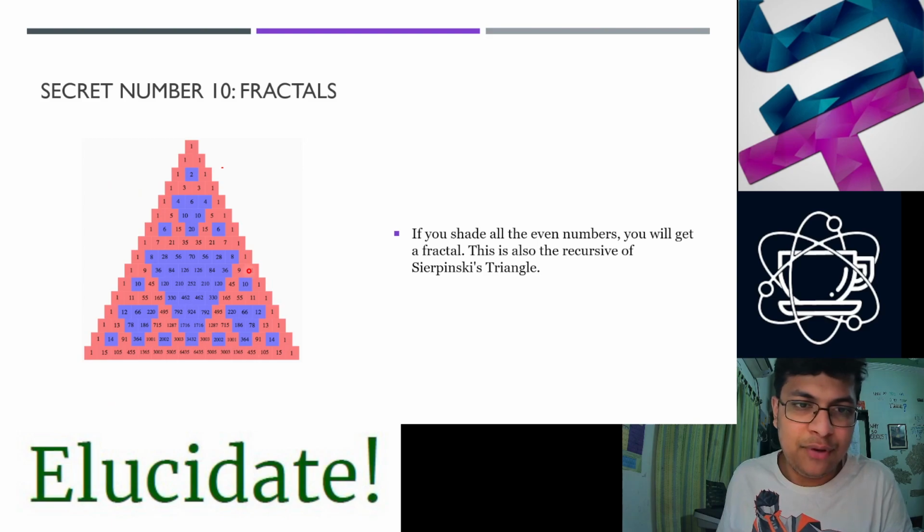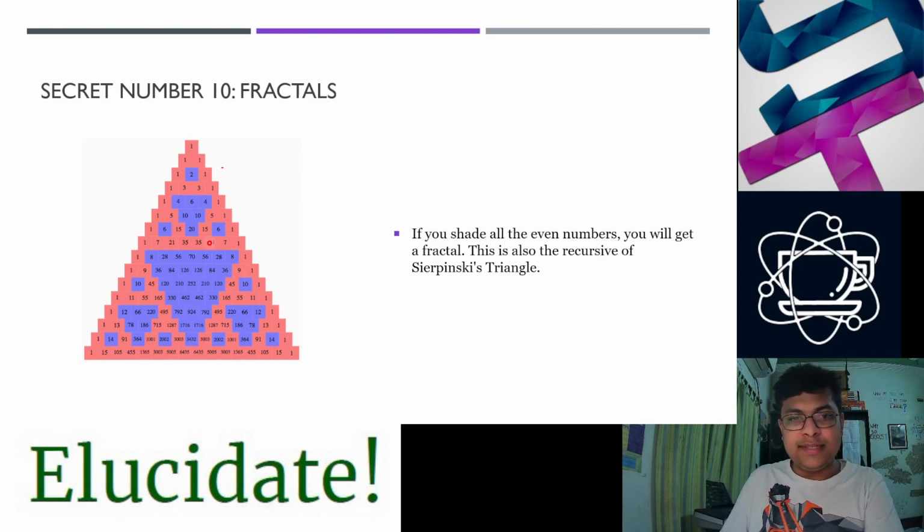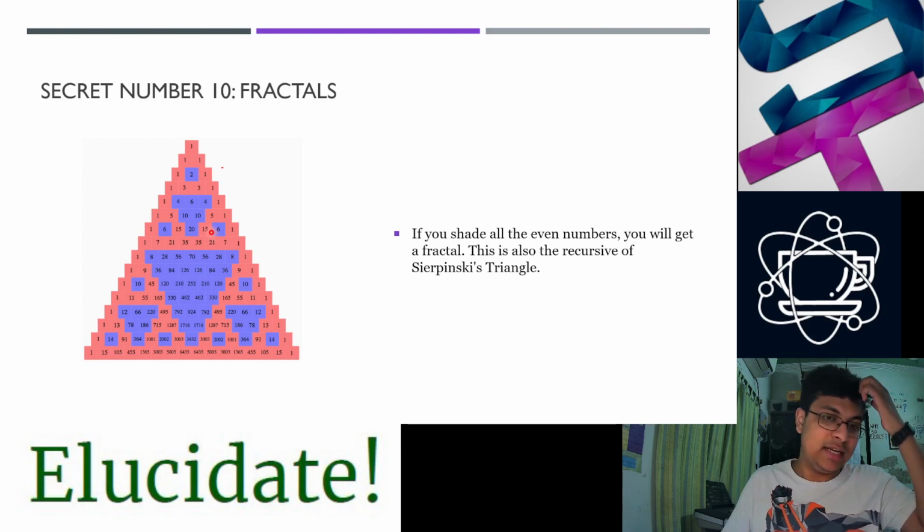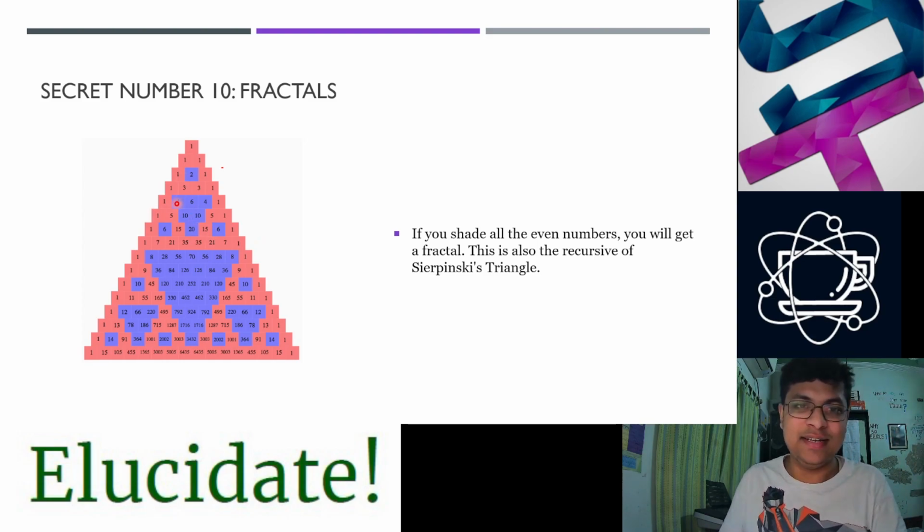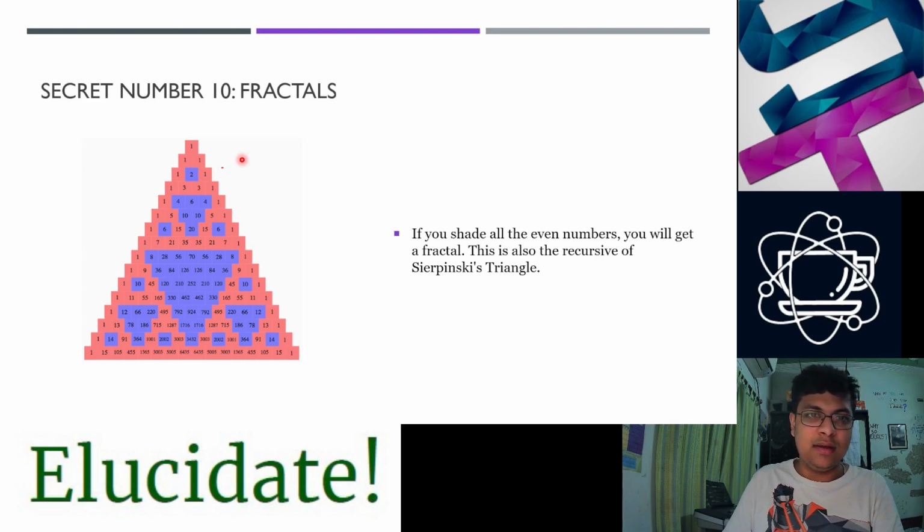If you expand the triangle to many large numbers, and shade all the even numbers and all the odd numbers in different colors, you will find that a very specific pattern forms. This is also very fascinating. This triangle is so beautiful that you can find even more beautiful things in it. You can see the beauty in mathematics. I find fractals very interesting and beautiful. I'm just in love with fractals.